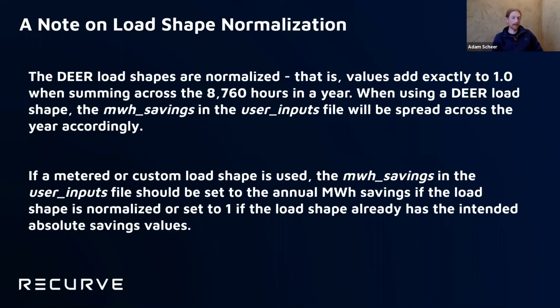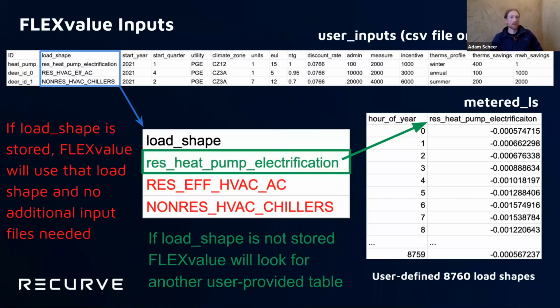And in that case, you would just put in 1 in the savings column. So if we look at this res heat pump electrification, then I'm just putting 1 in the megawatt hour savings because this load shape already has the absolute magnitude of the values that I'm looking for. So again, just use this accordingly and you'll be fine.